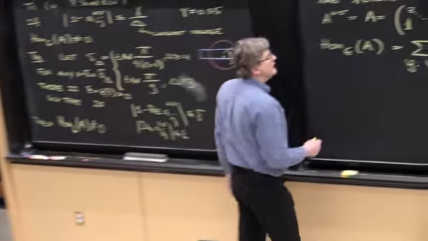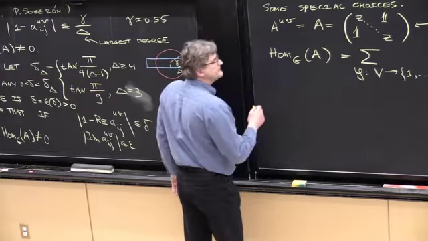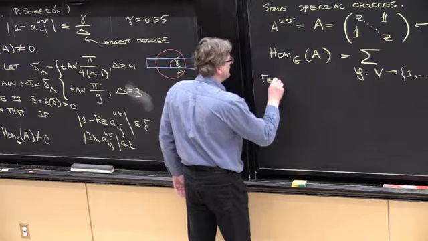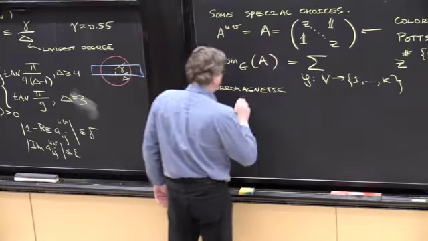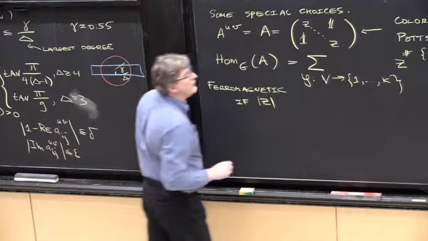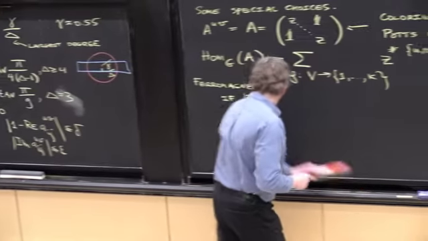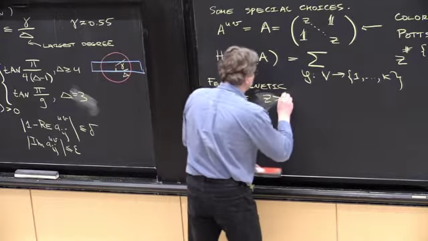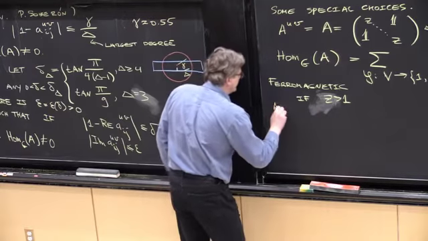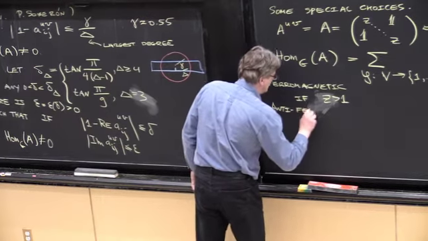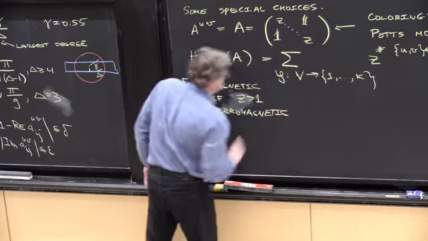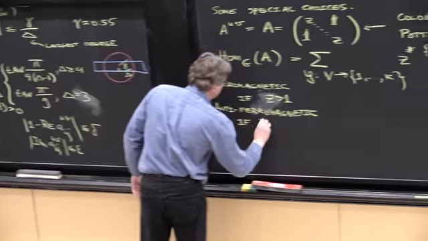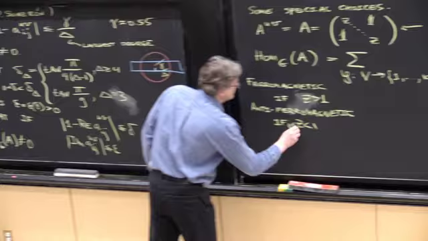And so this model is called ferromagnetic if z is real, greater than 1, and anti-ferromagnetic if z is less than 1, but still positive, not negative, right?